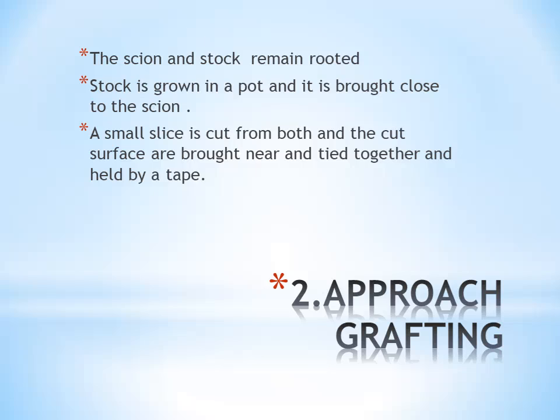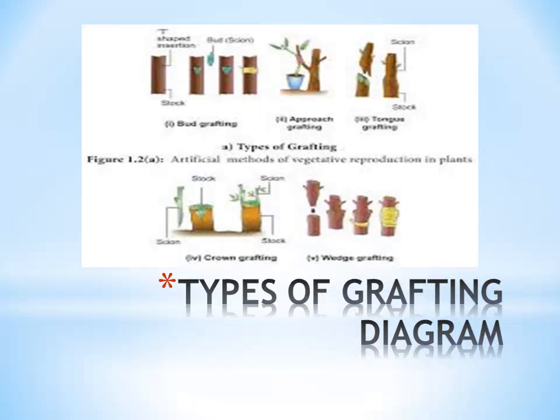In the previous one, only the stalk is present in the soil and the scion need not be fixed in the soil. Here both plants are fixed in the soil but brought close together and tied tight. This picture shows bud grafting, approach grafting, and another method, tongue grafting.